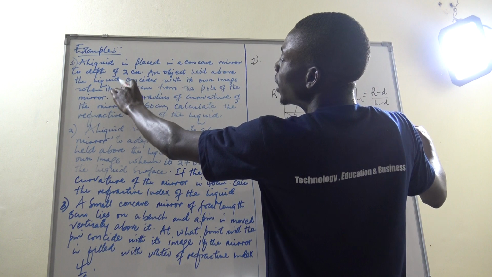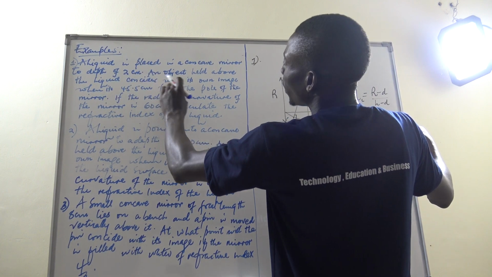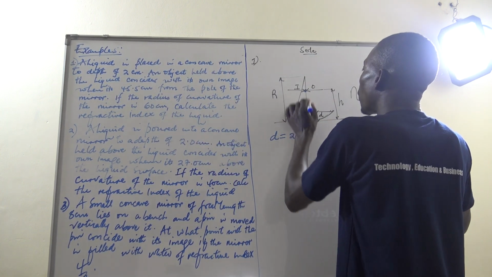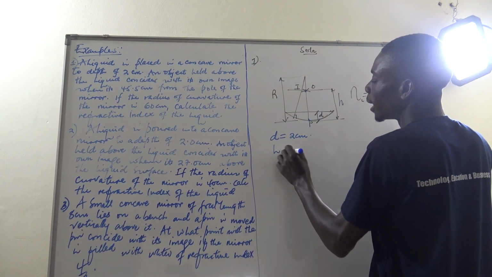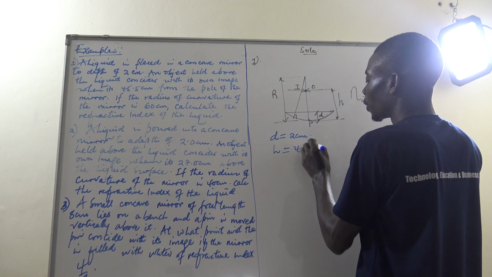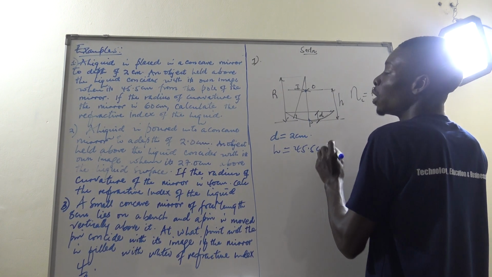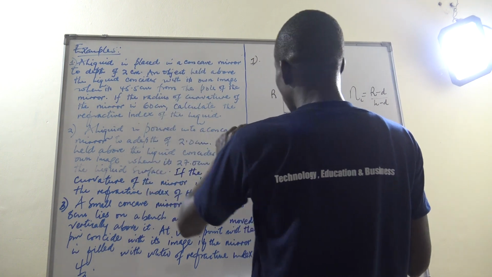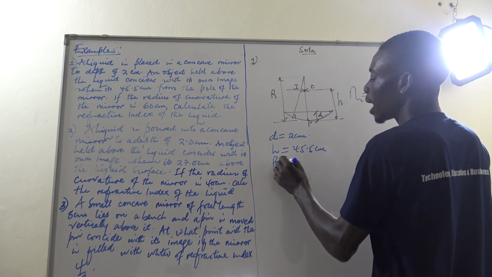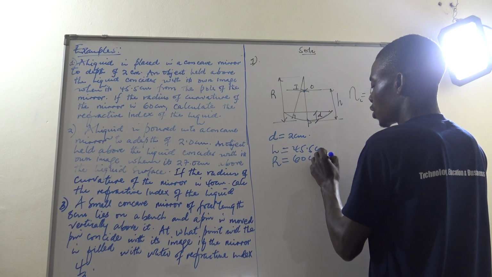When it is 45.5 centimeters from the pole, measured from the pole up to the point of coincidence, you will realize that that is our H that they are talking about, 45.5 centimeters from the pole. If the radius of curvature of the mirror is 60, that means that my R is 60 centimeters.